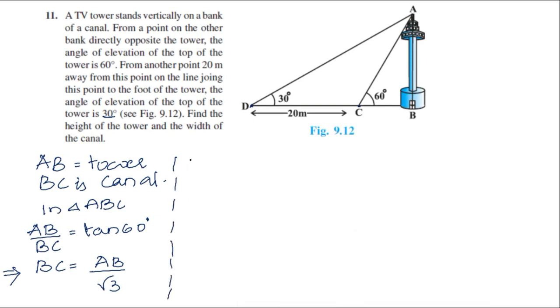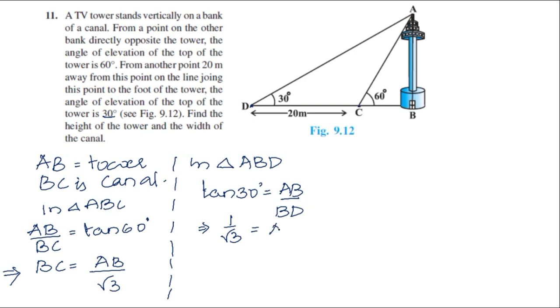Now consider the triangle ABD. In this triangle, tan of 30 degrees is AB upon BD. Tan 30 degrees is 1 upon root 3. This is equal to AB divided by, instead of BD, I'll write BC plus CD.